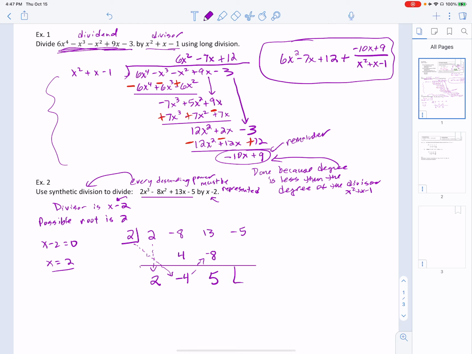And then this last piece is going to end up being your remainder, but you start with the same process. You take 2 times that 5 and put it right here, and then add.